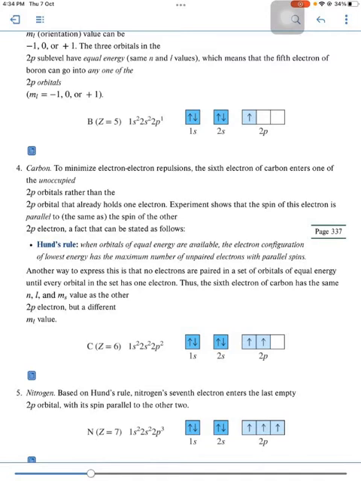Okay, so maknanya according to Hund, the electron configuration will be very stable kalau dia has the maximum number of unpaired electrons ataupun single electron with parallel spin. Maksudnya pada spin yang sama. Okay, has the maximum number of unpaired electrons with parallel spin. Okay, tak apa, kita apply sekejap lagi.